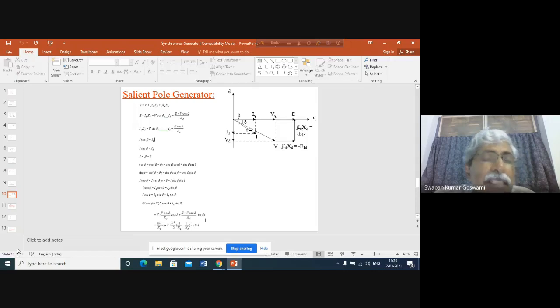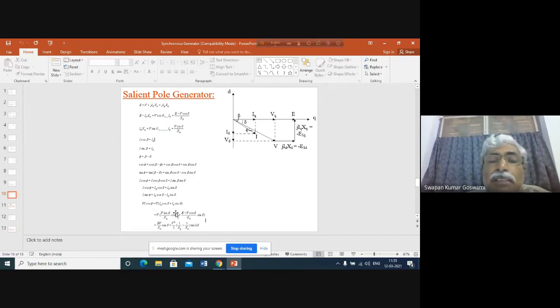Because one reactance is not sufficient. You cannot analyze the machine using only one reactance because of the difference in air gap. So now, with this information, let us draw the phasor diagram of the salient pole type generators.